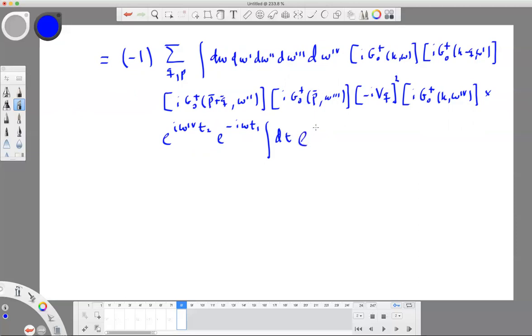So we get i t, and then we get this combination: omega minus omega prime minus omega double prime minus omega triple prime.